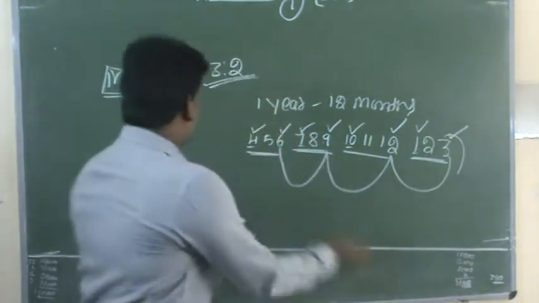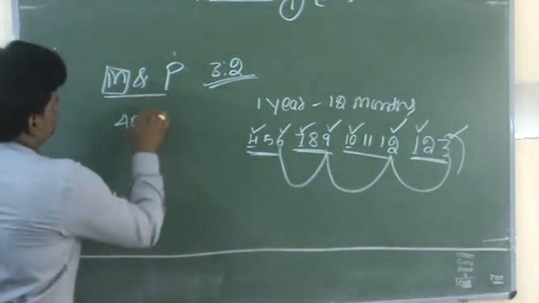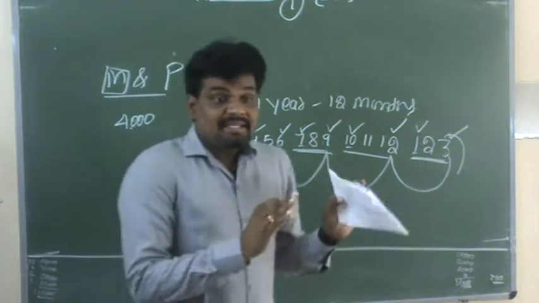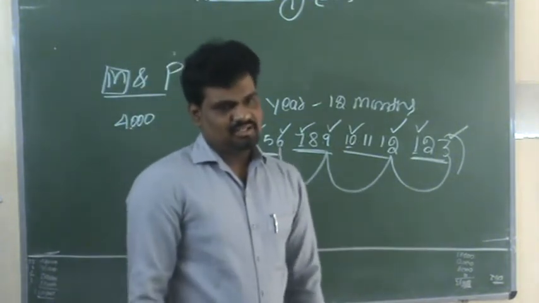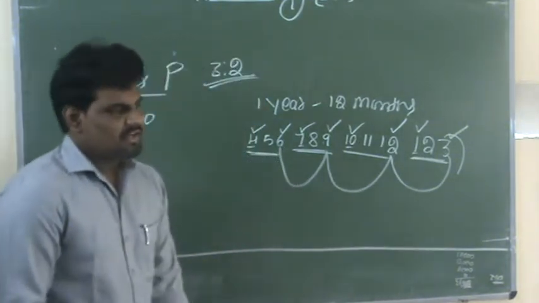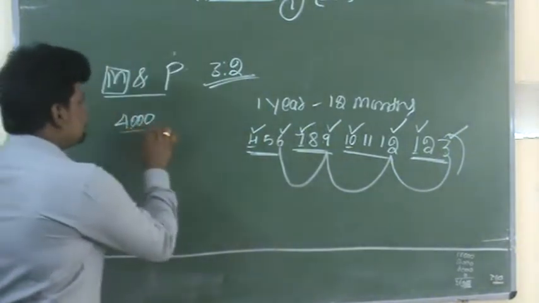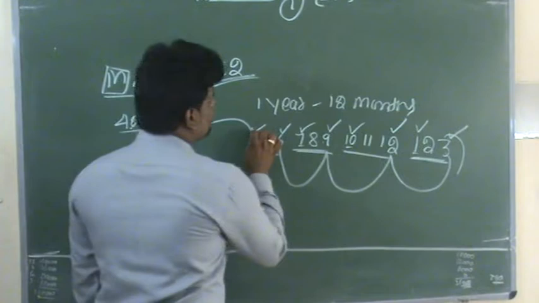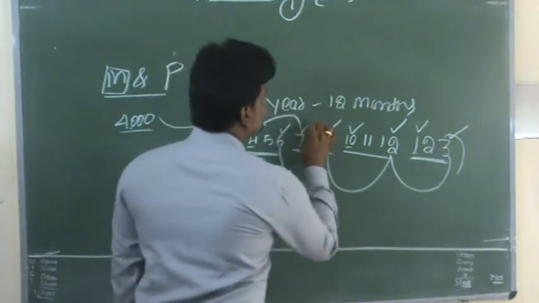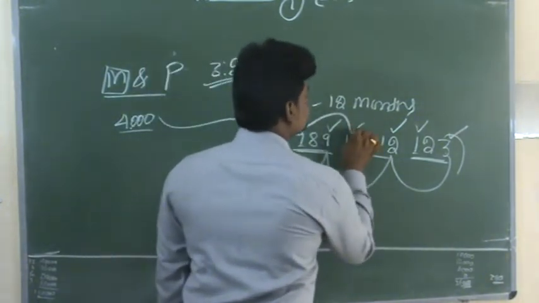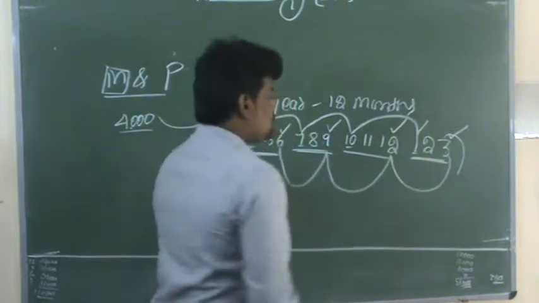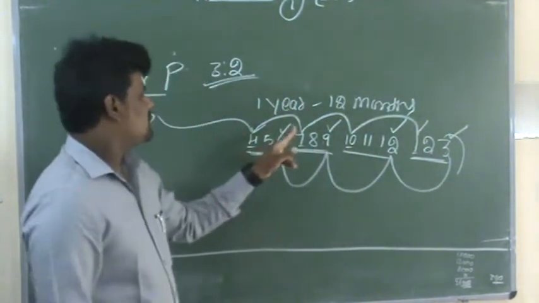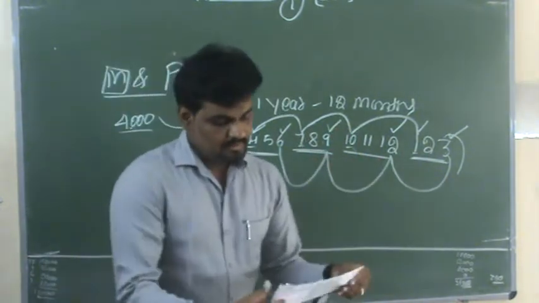Murthy withdraws rupees 4,000 quarterly at the beginning of each quarter. Beginning of each quarter means the months 4, 7, 10 and January, that is 1.